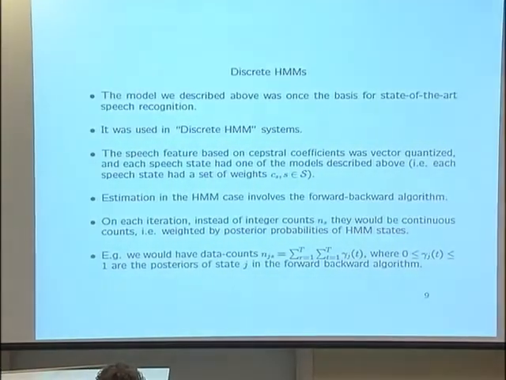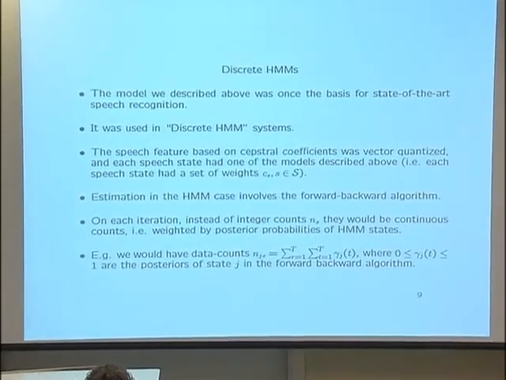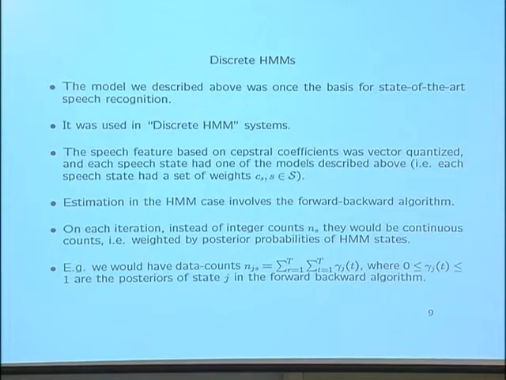So this is, I'm not going to describe what HMMs are, because the previous lecturer should have done that, and it kind of gets complicated. But I just wanted to mention that the kind of discrete probability model that we've been talking about used to be the state of the art in speech recognition.